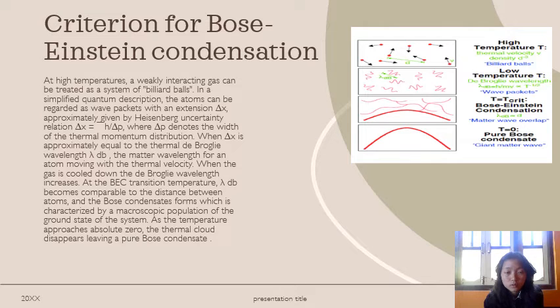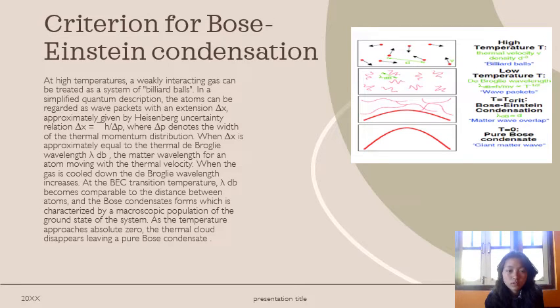Del x is equal to h by del p, where del p denotes the width of the thermal momentum distribution. Del x is approximately equal to the thermal de Broglie wavelength lambda dB, which is the matter wavelength for an atom moving with the thermal velocity.